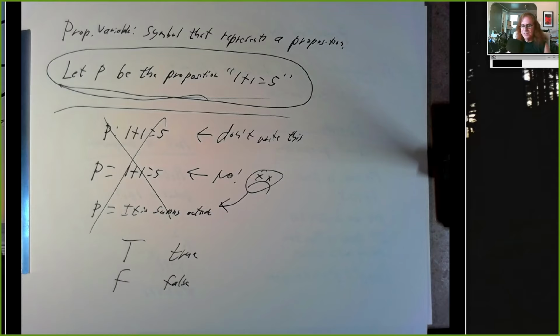It's kind of a bit of a stretch to say it's a declarative statement, but true is a declaration that is absolutely true, and false is a declaration that's absolutely false. So those are sort of primitive propositions, and we reserve the symbols T and F for true and false.